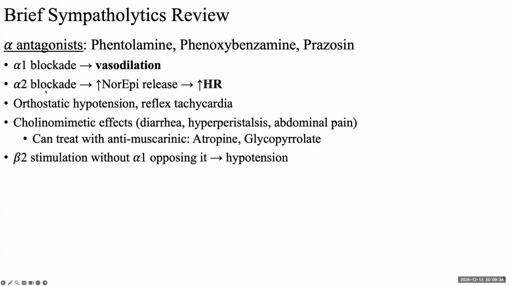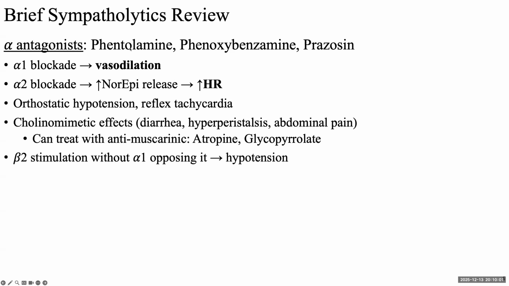So actually blocking this blocks the negative feedback and will increase norepi release, and that could lead to an increase in your heart rate. We'll focus on an increase in heart rate because, again, remember, norepi has strong activity on beta 1 receptors, not so much beta 2, but it also has activity on alpha 1 and alpha 2.